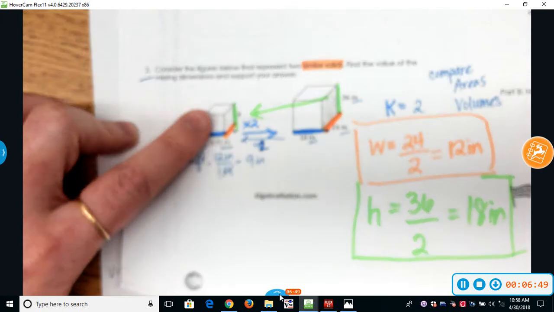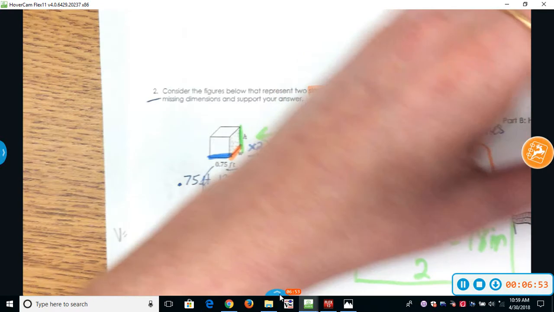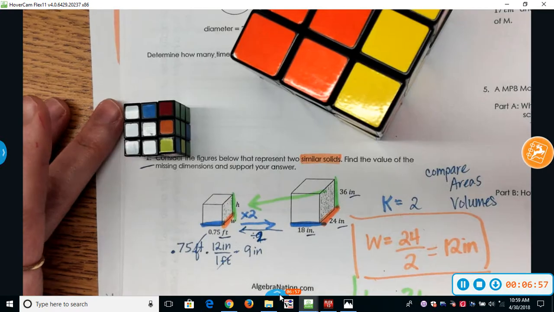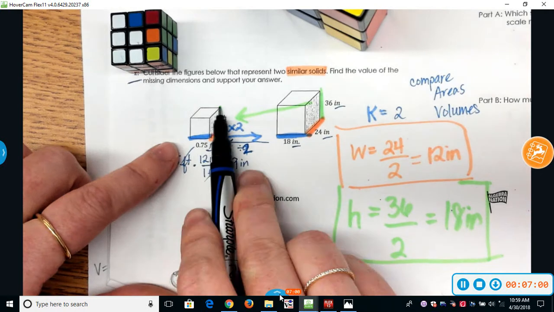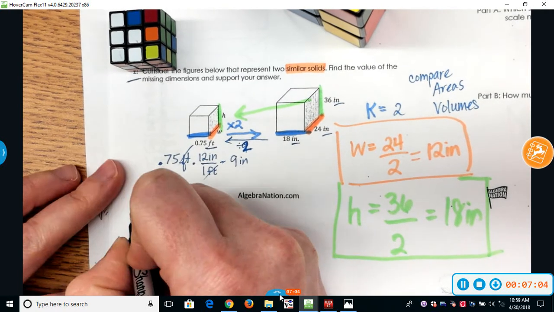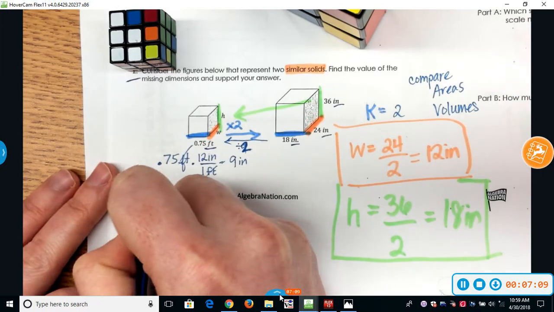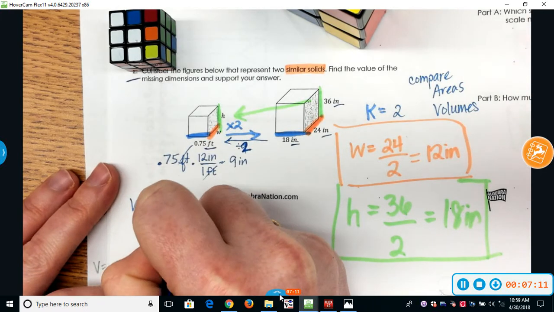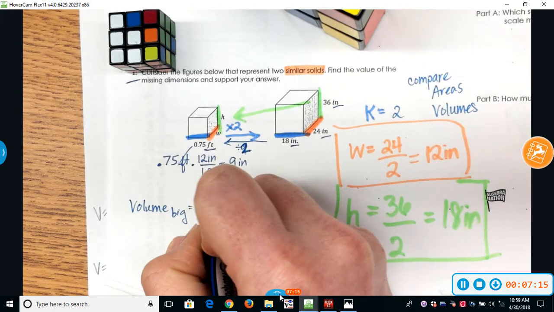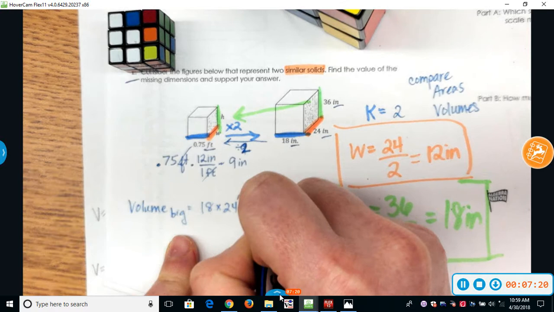See how I have 2 cubes? I got the little one, I got the big one, or big and little this way, because that's how they show you. I also have the 3 dimensions, 1, 2, 3, 1, 2, 3. So let's compare the volumes. Volume for the big is 18 by 24 by 36.